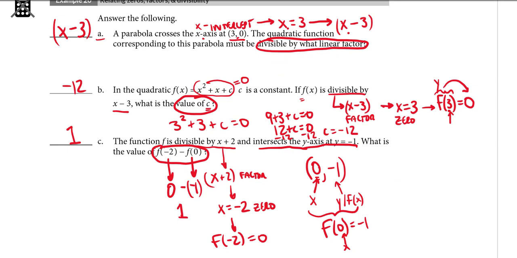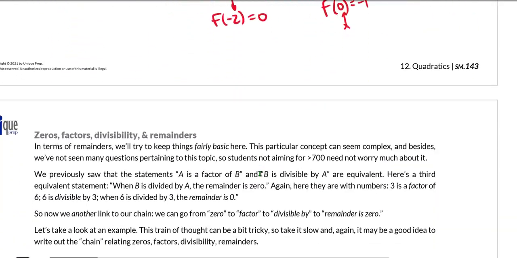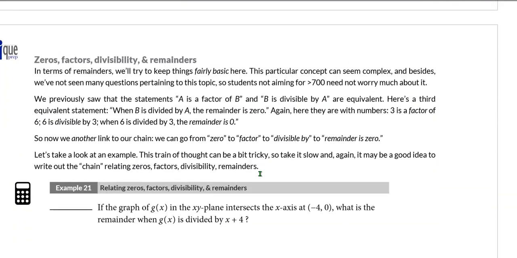Next, we are going to bring the idea of remainders into the mix. We've already sort of done that when we talked about the chain, the very last step in the chain here. We brought in the idea of a remainder. We have not seen, by the way, this is at the top of the next page here, many or really even any questions that have dealt with remainders of polynomials or the polynomial remainder theorem.